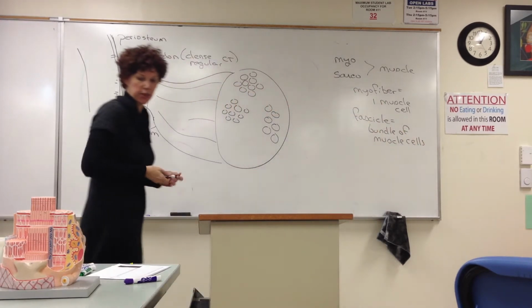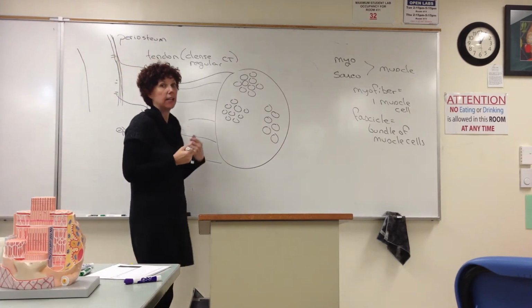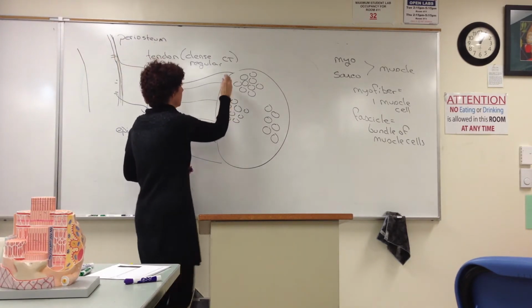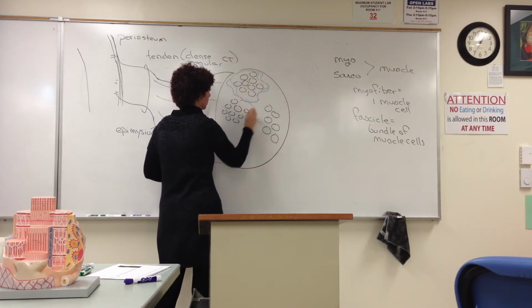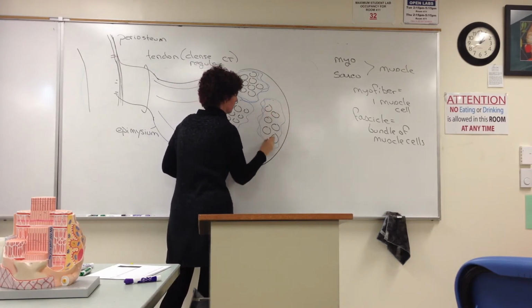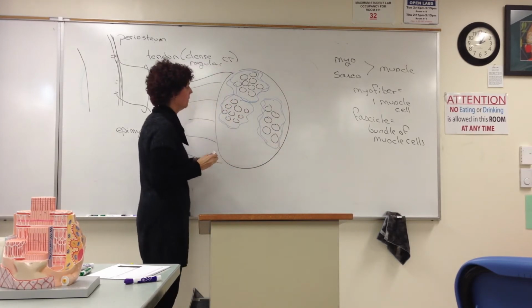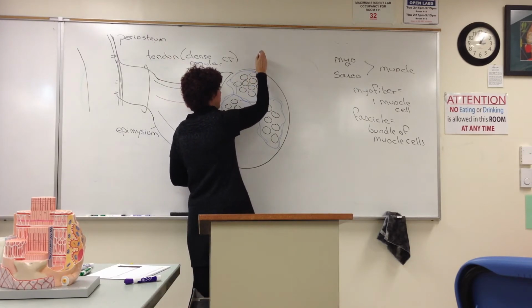And the connective tissue holding them together is dense irregular. Oh, that's irregular. Dense irregular. This is known as perimysium.